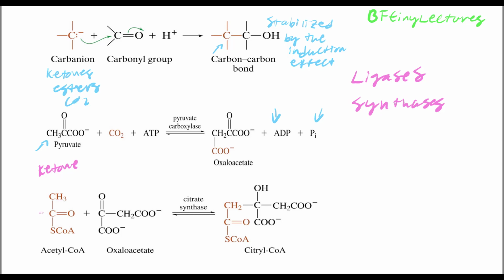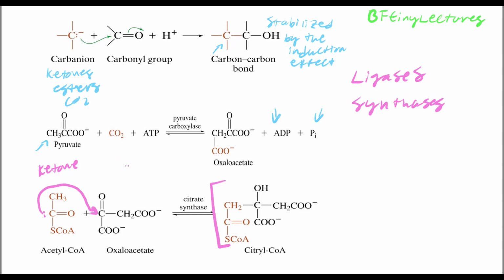We can use ATP to actually create a carbanion. It's going to attack this carbon right here, attach itself, and we're going to be having this molecule. So this is citryl coenzyme A. Okay, so for some reason this picture didn't show the usage of ATP. But that's okay.